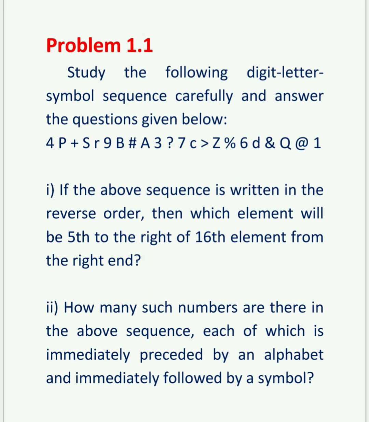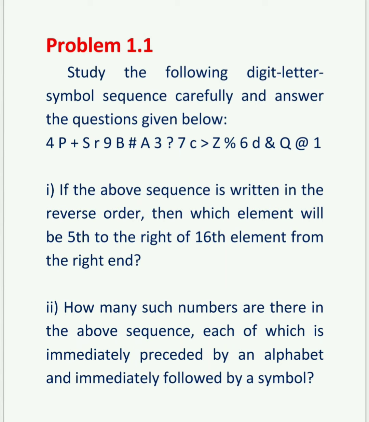Problem 1.1. One alphanumeric series is given. This series contains alphabetic letters, both capital and small, numbers, and symbols. I read the series: 4, capital P, plus, capital S, small r, 9, capital B, has, capital A, 3, question mark, 7, small c, greater than symbol, capital Z, percentage, 6, small d, and capital Q, at, 1.